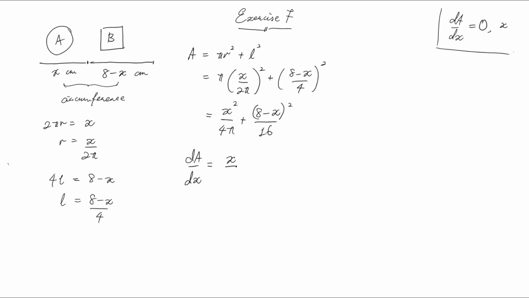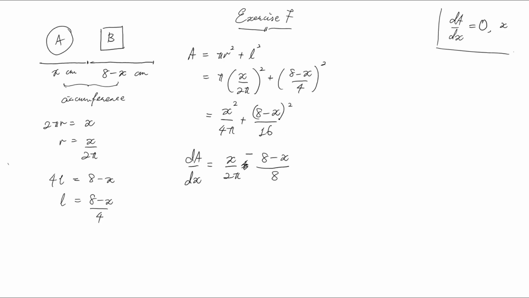You'll have X divided by 2 pi, and then for this part you will have (8 minus X) divided by 8. Okay, so you bring the 2 to the front, which is definitely okay. I think there should be a negative over here because there's a negative X inside.